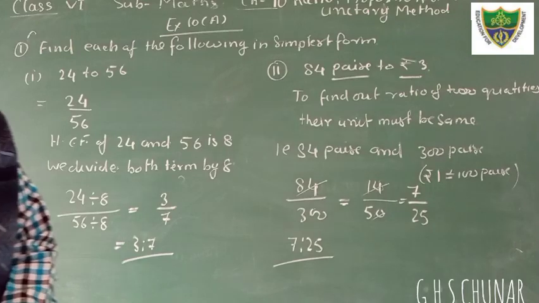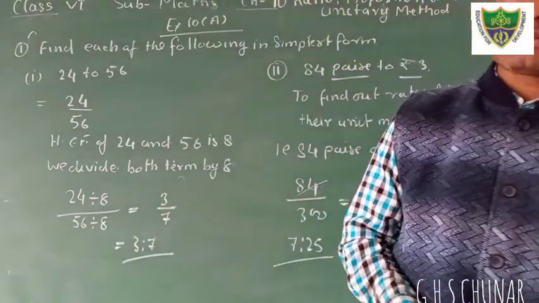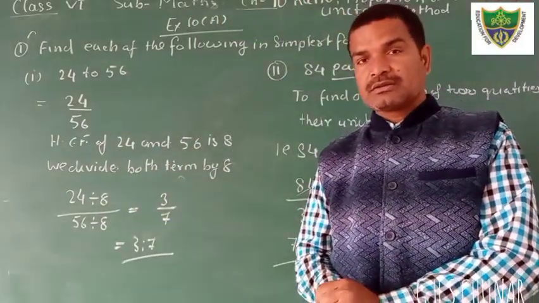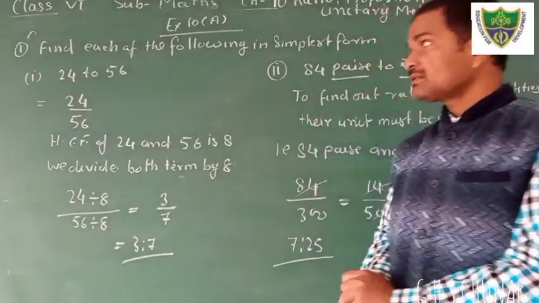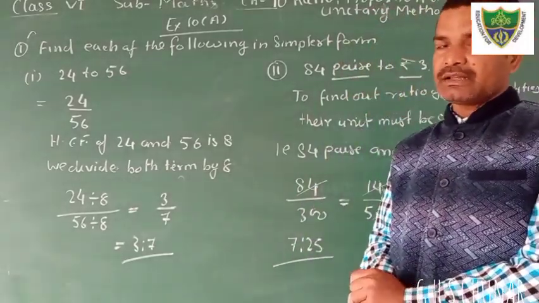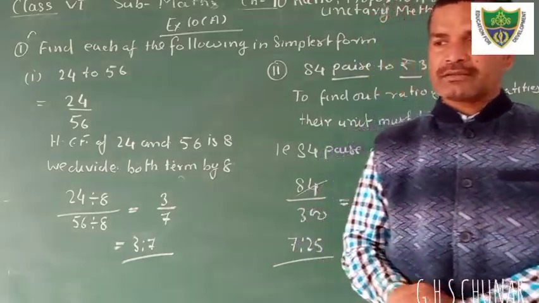So 84 upon 300 becomes 7 upon 25, that is 7:25. Okay, so note it. To find the simplest form, we convert them into the same unit and then we divide them by the HCF of both terms. Okay.